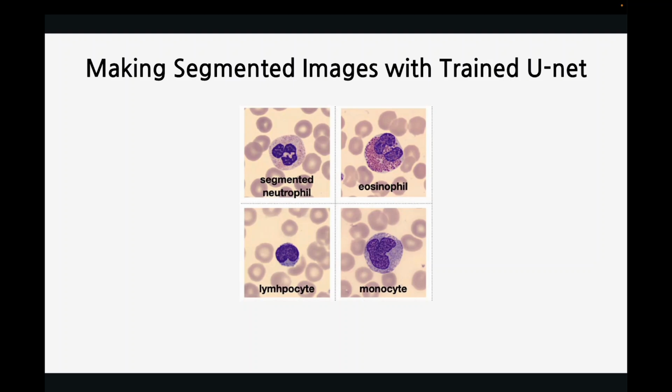Although it didn't go as well as we expected, we made a few segmented white blood cell images with this dataset. There are over 17,000 images and 10 classes. We arbitrarily chose neutrophil, eosinophil, lymphocyte, and monocyte.